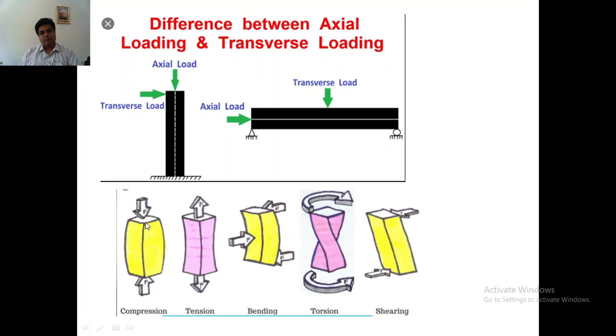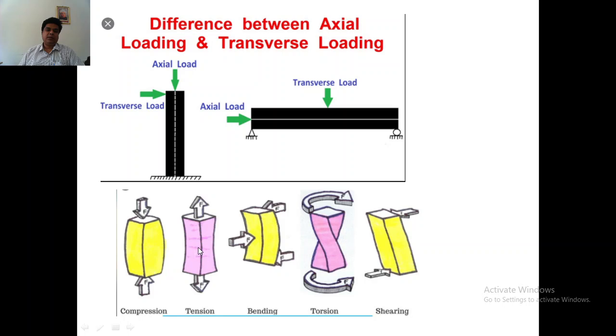That load or force is called compressive force, and we say that the material is under compression. The word compress, all of you use the word compress. Compress means to push the material inside, or to apply the load inside the material, towards the material. So that causes compression of the material.